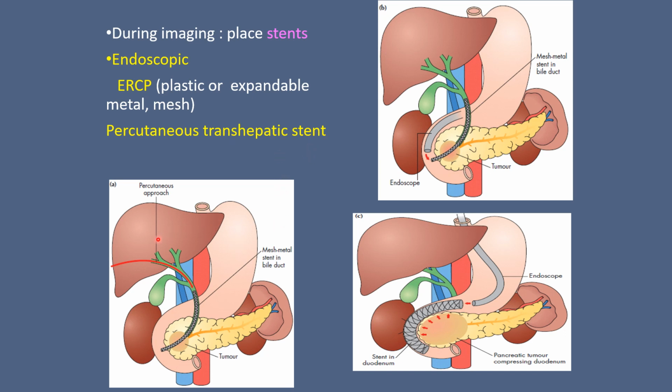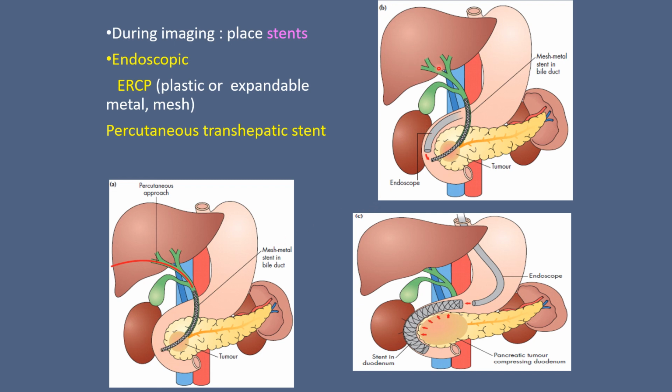Okay, these diagrams show you this percutaneous approach of placing a stent into the bile duct to relieve the obstruction of the bile ducts. As a result, the jaundice is relieved and the patient feels much more comfortable after the procedure.